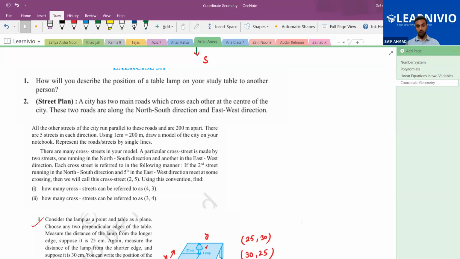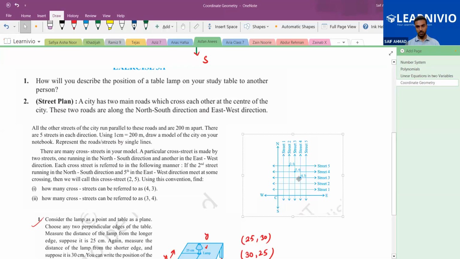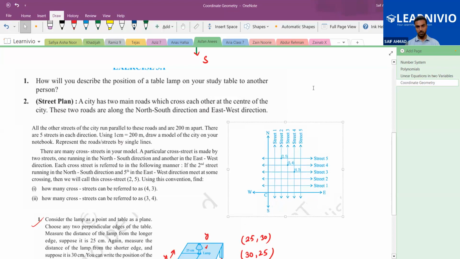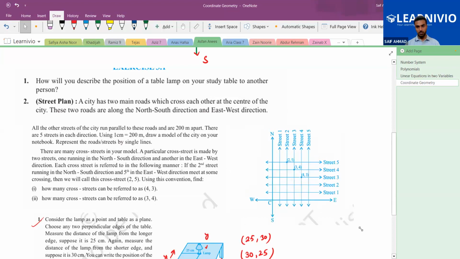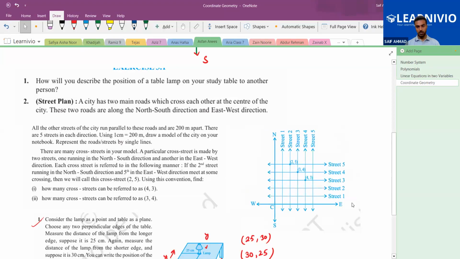So how will I represent the street plan? This is the main road, in the east-west direction and the north-south direction.